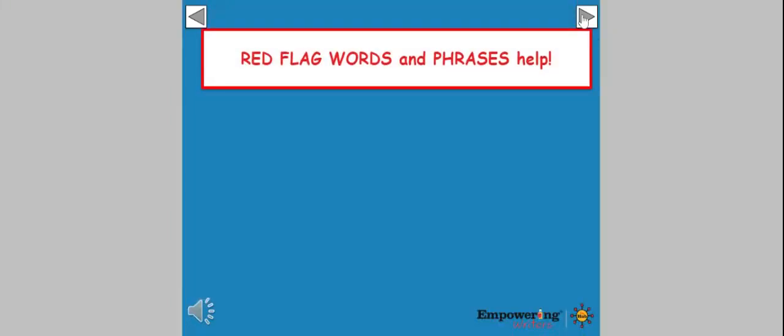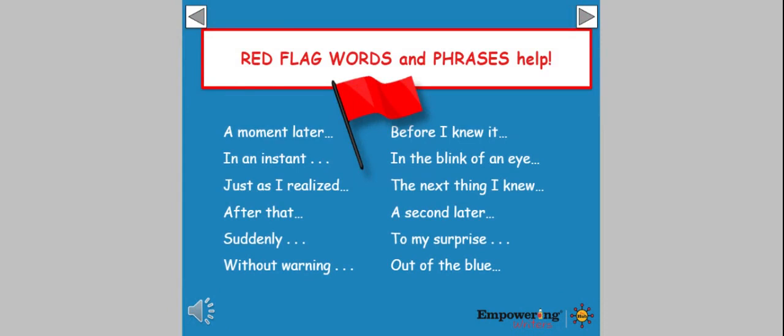The author will take one of those sensory hints and put it together with a red flag word or phrase to help build suspense. Now, a red flag word or phrase is a word like suddenly, or a moment later, or in the blink of an eye. And it basically signals that something's about to happen.